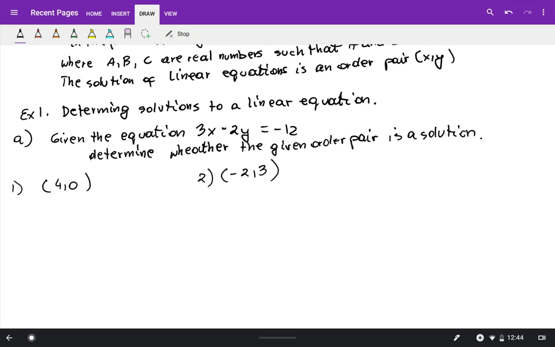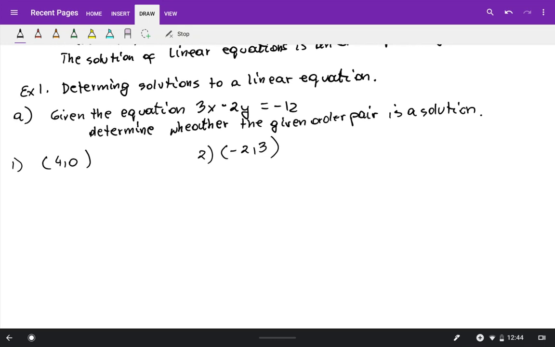Okay, so again, in number 1 we're going to check if 4 comma 0 is the solution of the equation 3x minus 2y equals negative 12. So first, replace x with 4 and y with 0.